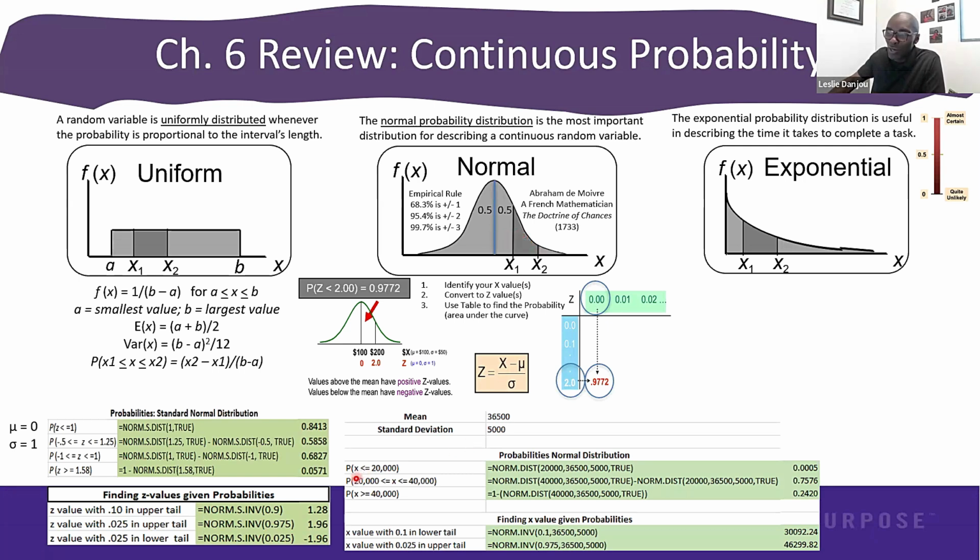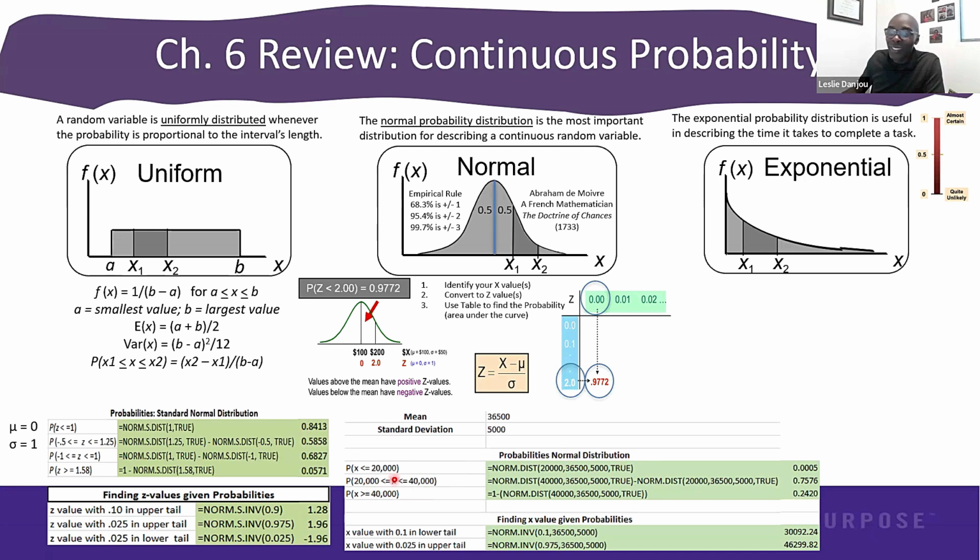We can go from our X value to our probability by using the function normal distribution. Whatever value shows up there goes first. Then we need the mean, then the standard deviation, and now it ends in true. Why? Because it's not exact and precise. It is a range of our data. Keep that in mind.